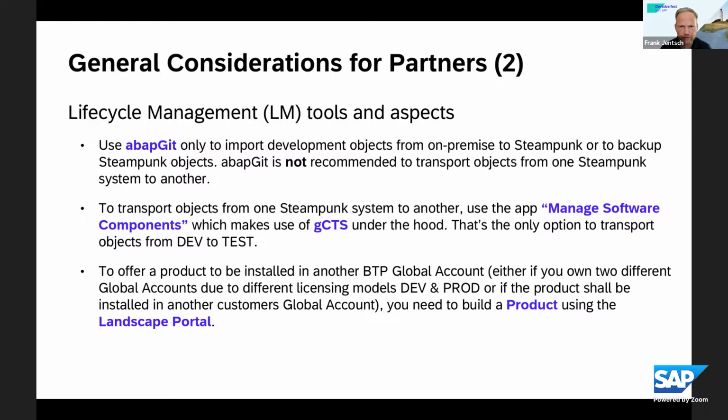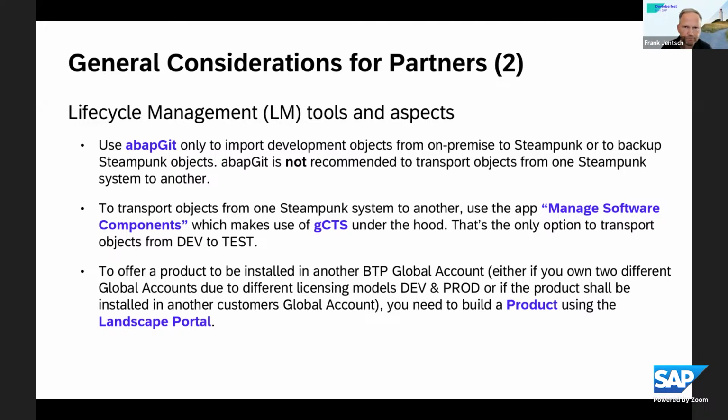For that purpose, the managed software component app with the underlying GCTS technology is the right choice. So if you want to transport objects from dev to test within a Steampunk landscape, you need to use this option. This transport is based on a software component which is required, and this needs to be registered, and you need to start with a clone software component.